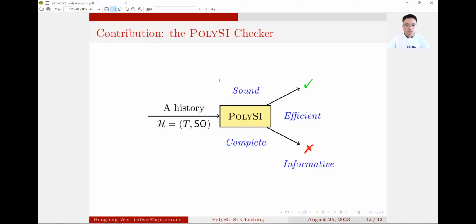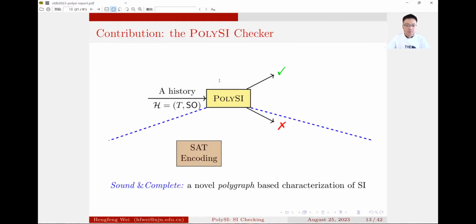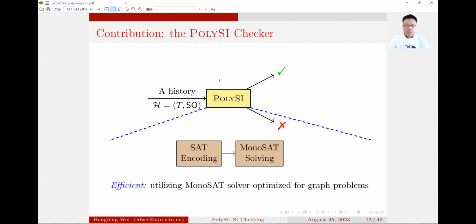So in this work, we propose the PolySI checker, which is sound, complete, efficient, and informative. PolySI encodes the checking problem as a SAT formula. The soundness and completeness of this step rely on a novel polygraph-based characterization of snapshot isolation.